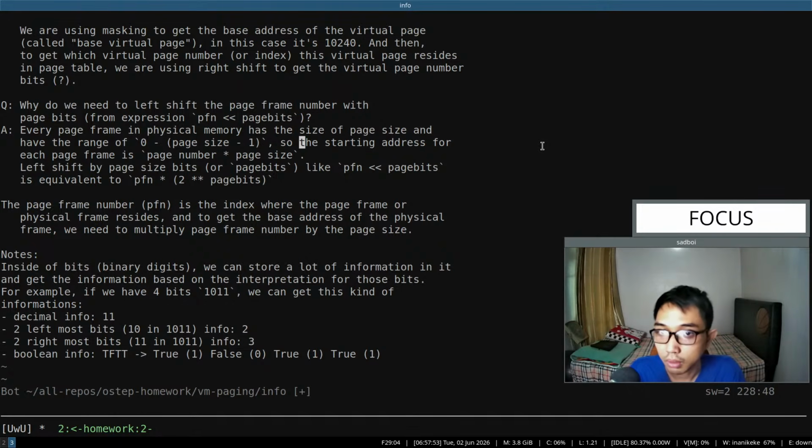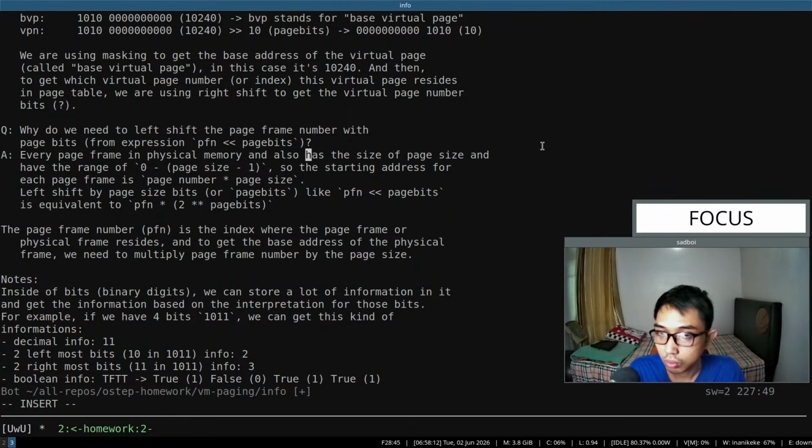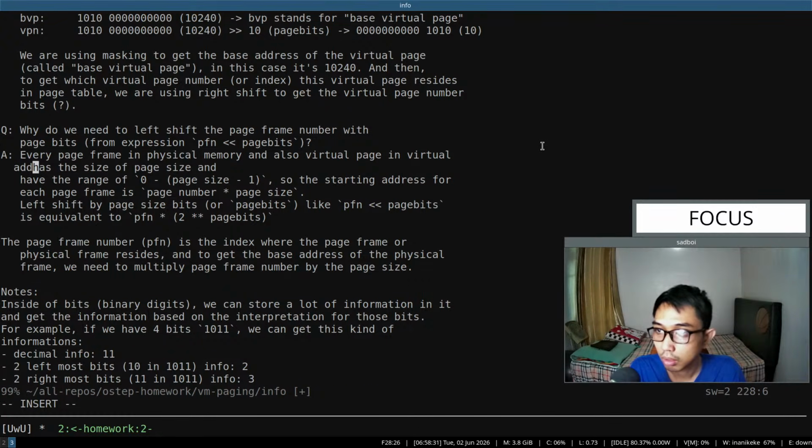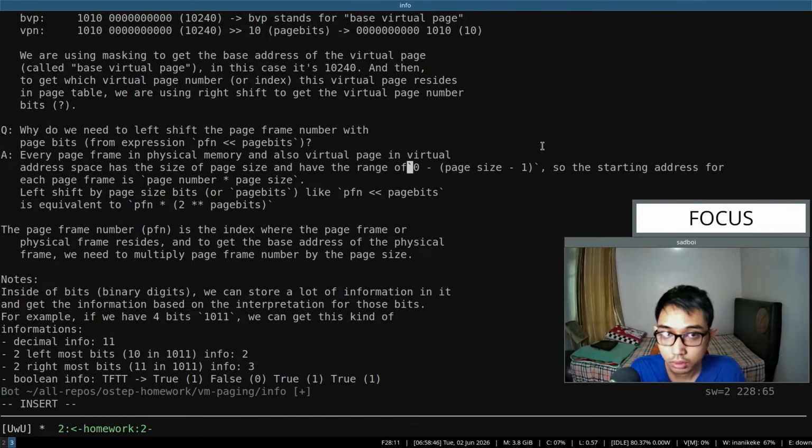So the starting address for each page frame is page number multiplied by page size in physical address, and also a virtual page in virtual address space is the size of page size and has the range of this one.